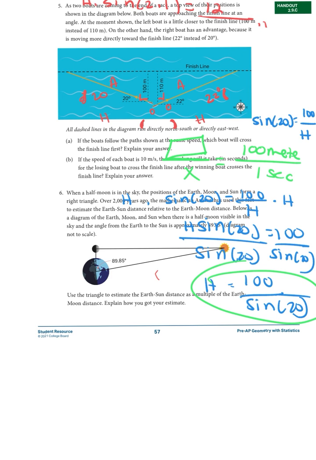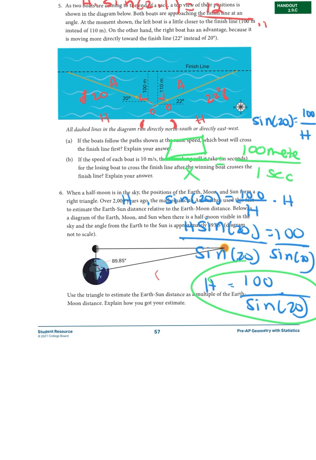I'm sorry. When a half moon is in the sky, the position of the Earth, moon, and sun form a right triangle. Over 2,000 years ago, the mathematician Aristarchus used this fact to estimate the Earth to sun distance relative to the Earth to moon distance.